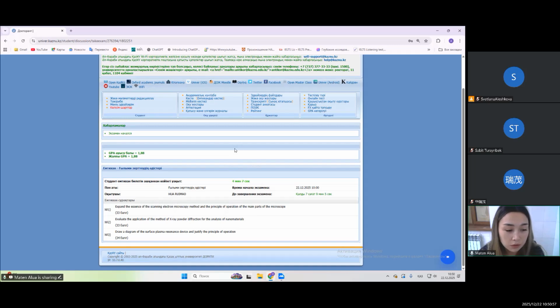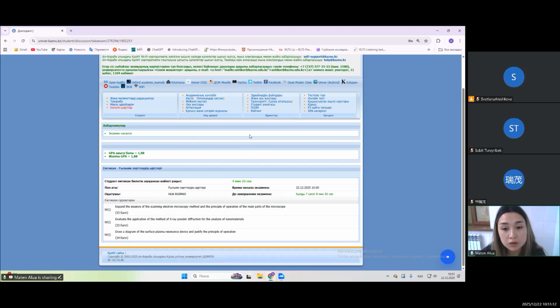First question: explain the essence of scanning electron microscopy and the principle of operation, the main parts of the microscope.